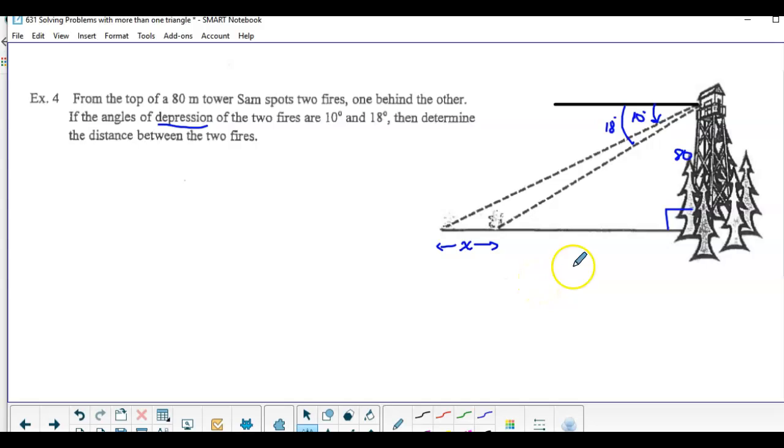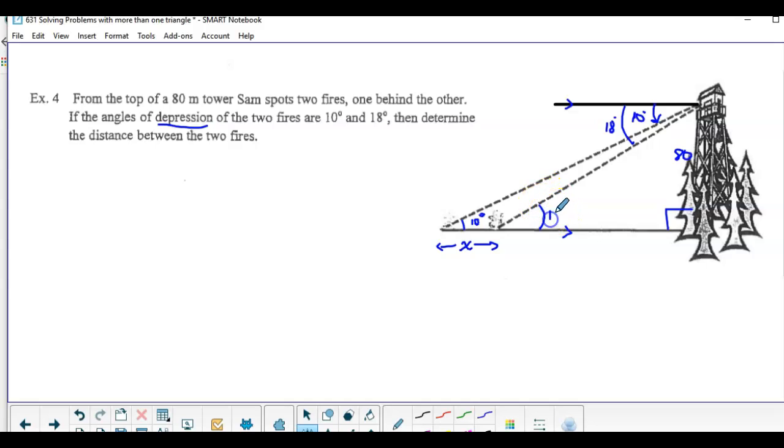Now those angles aren't in either triangle, but hopefully you remember your parallel lines theorems from junior high. If you have 2 parallel lines, then these angles will be equal. So this 10 will be 10 here, and this 18 will be 18 here.